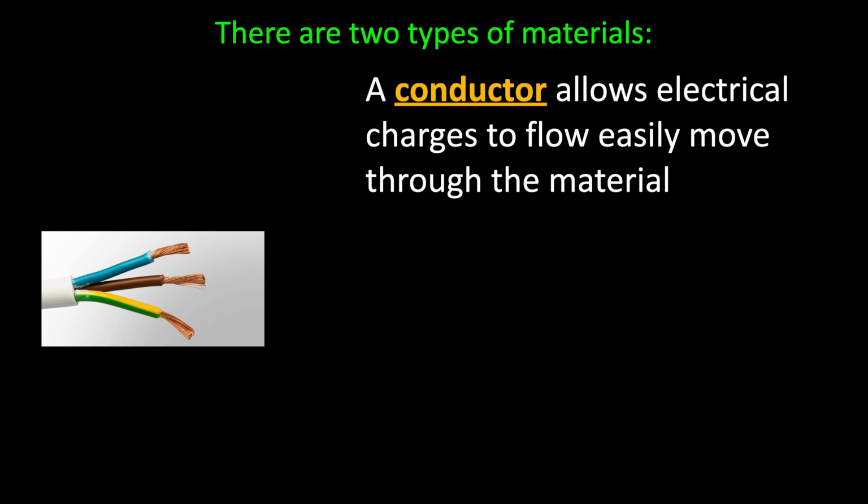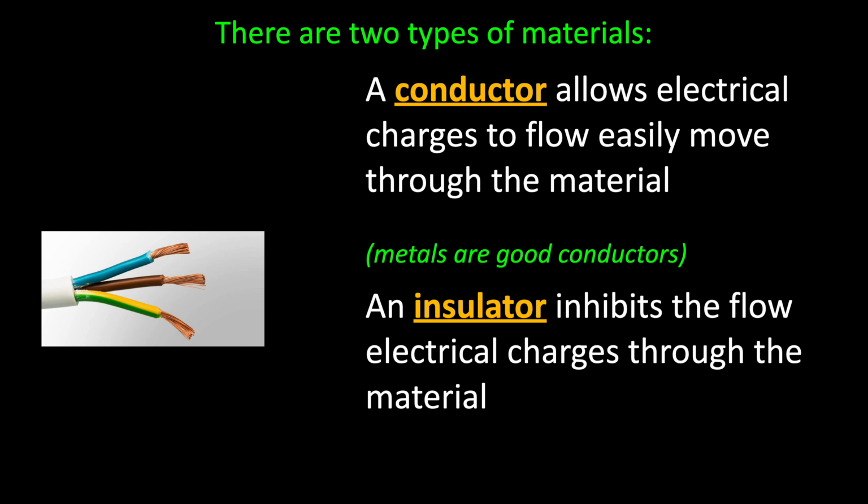Whether a charge flows or not depends on the material in question. If the material is a conductor, charge is able to flow very easily, and metals are a great example of this. On the other hand, insulators do not allow charge to flow, and plastics are a great example of that.